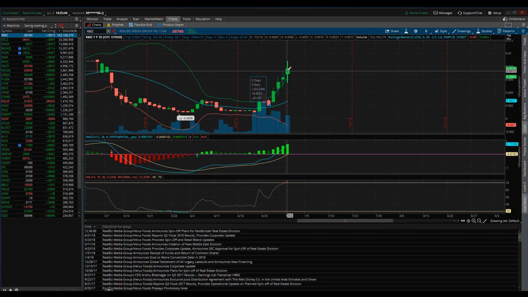Now, like I said a couple minutes ago, penny stocks and lower cap stocks, you have to trade them based off of percentages. The larger cap stocks, you trade them based off of dollars. Because those larger cap stocks, it's harder for them to move in percentages than in dollars.